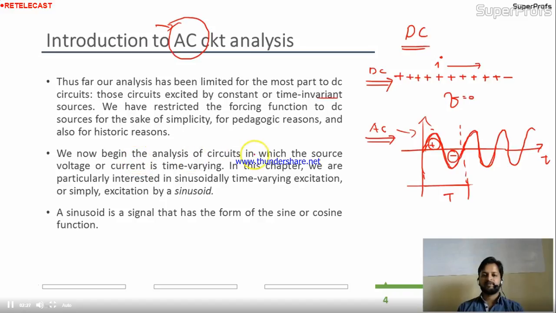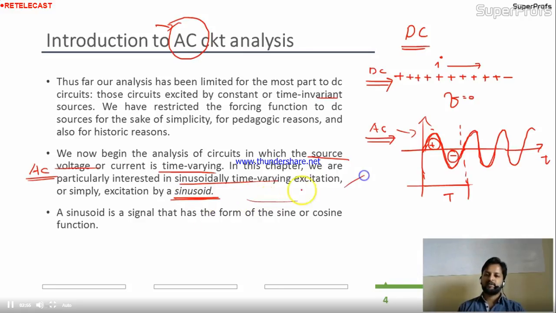We now begin the analysis of circuits in which the source voltage or current is time varying. Means we are talking about AC, right? So in this chapter we are particularly interested in sinusoidal time varying excitation, or simply excitation by a sinusoid.